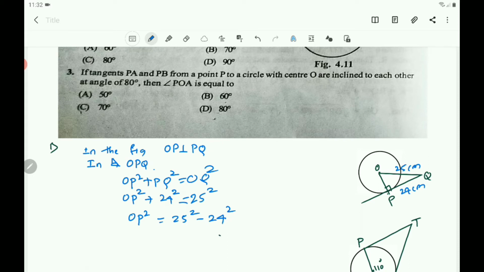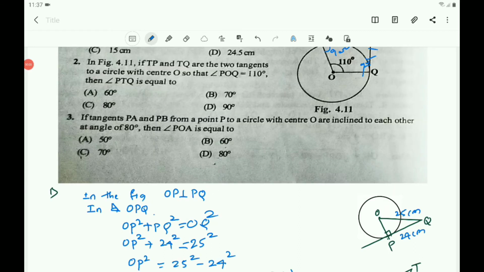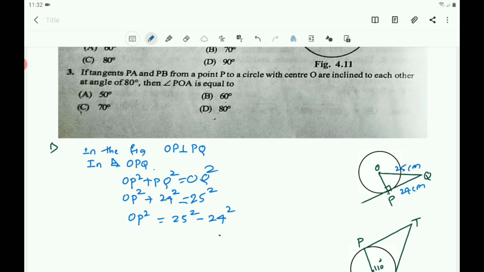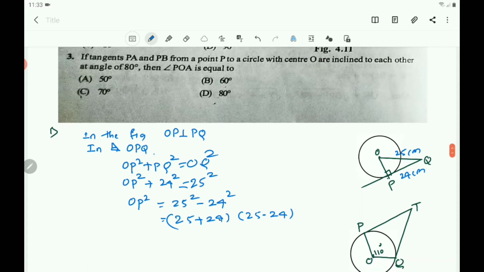If you know the value of 25 square, that is 625, and 24 square is 576. Or otherwise you write a plus b into a minus b: 25 plus 24 into 25 minus 24. 25 plus 24 is 49, so it is 49 into 1. So OP square equals 49.